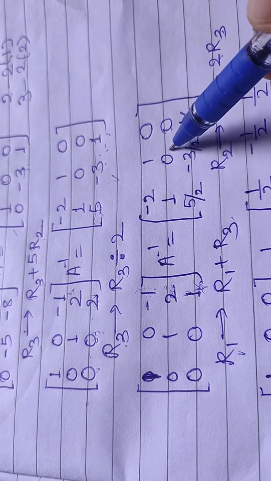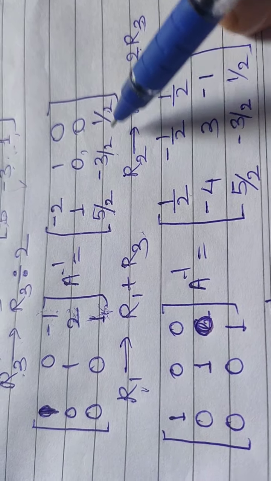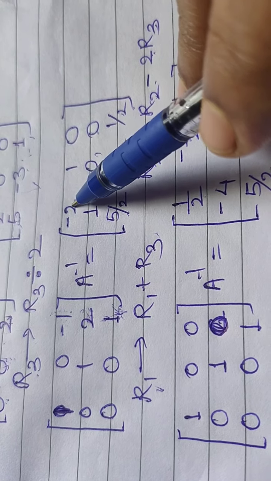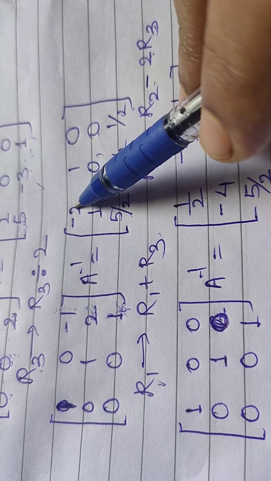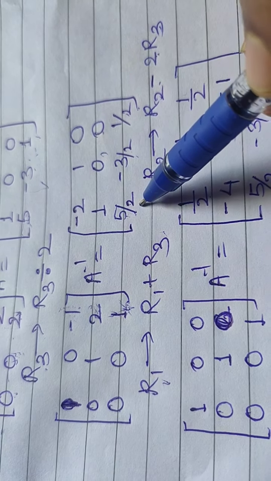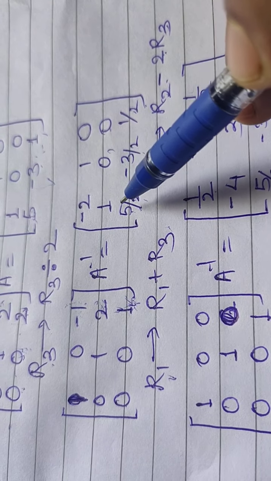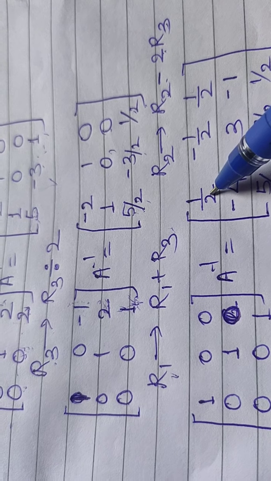The same row transformation you have to perform on the right hand side. Now be careful because these numbers are fractions. Here it will be minus 2 plus 5 by 2, which becomes minus 4 plus 5 by 2, so it will become 1 by 2.